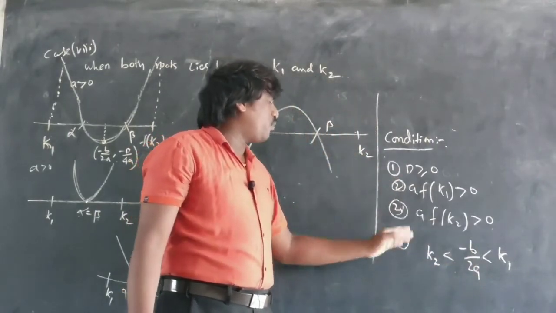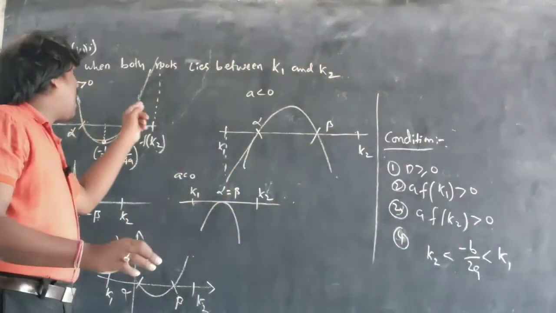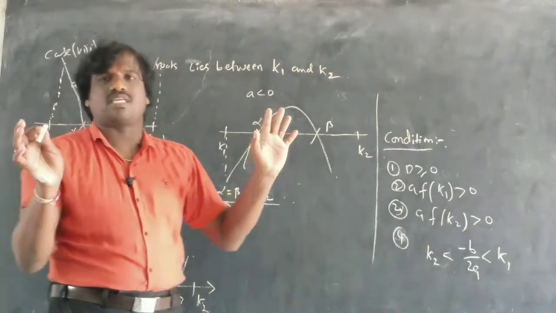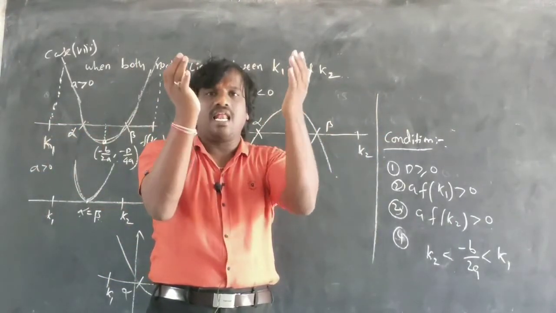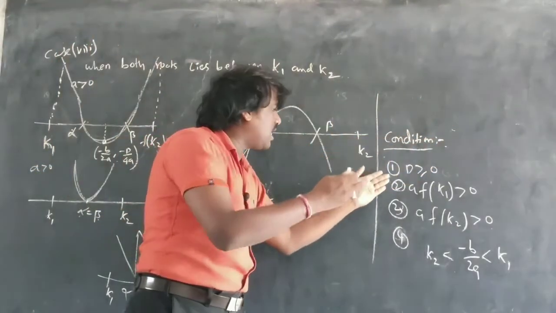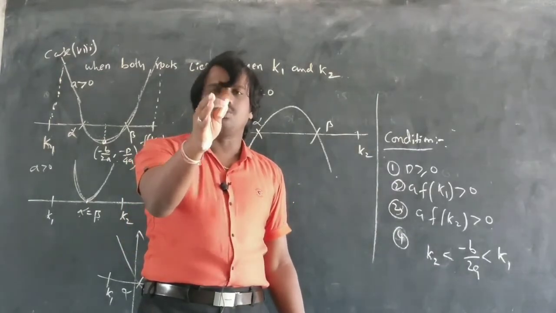So these are the four conditions you have to check when they have given that both roots lie between two fixed numbers k1 and k2. Hope you understand. Based on this we will do the problem.